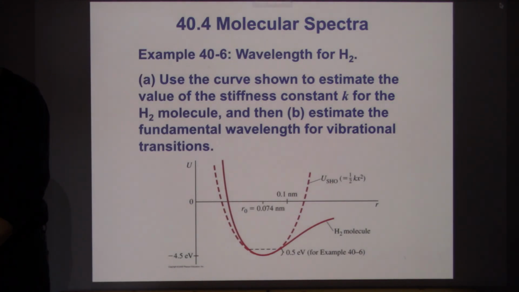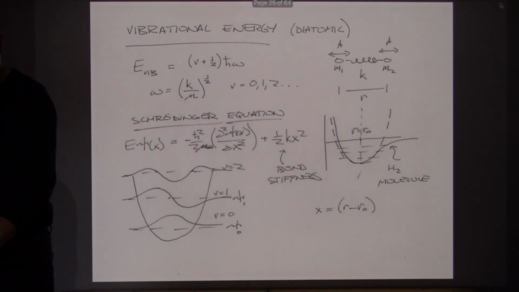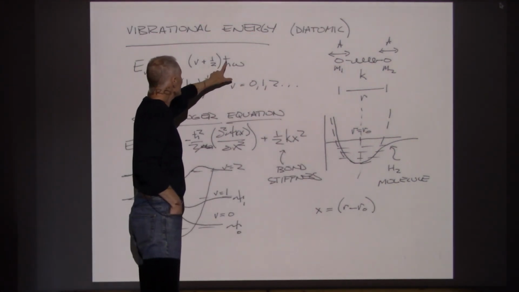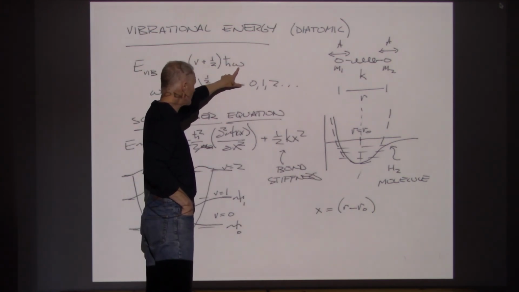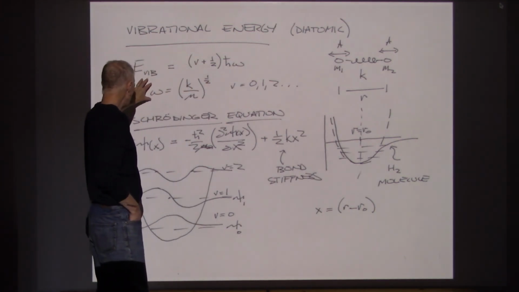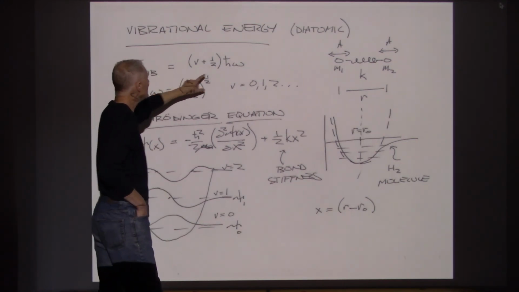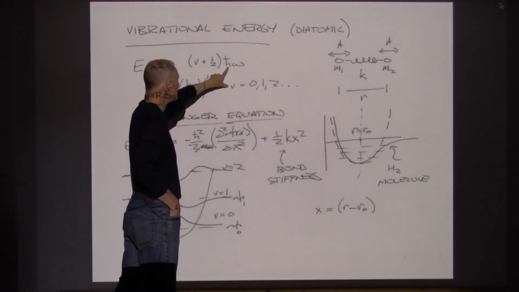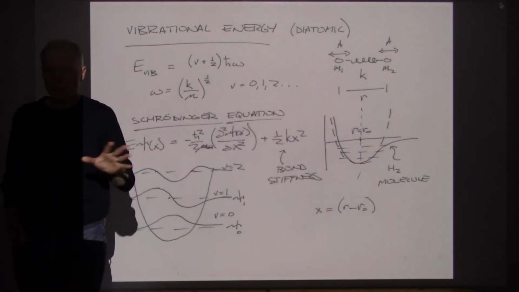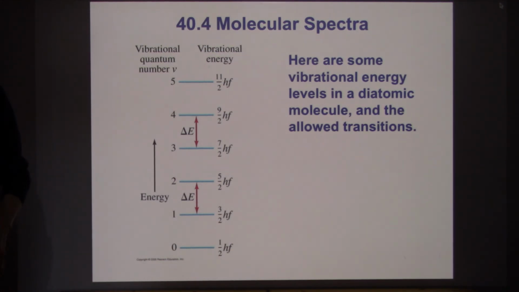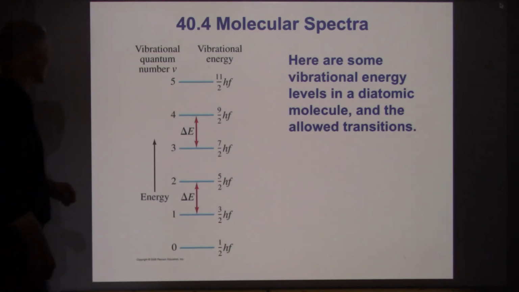Just to check here, I am writing this in terms of h bar times omega, so that when I use omega, there are no factors of 2 pi to keep track of. The 2 pi is put into the h bar. What they're using instead of h bar omega is h times f, but it's the same thing.